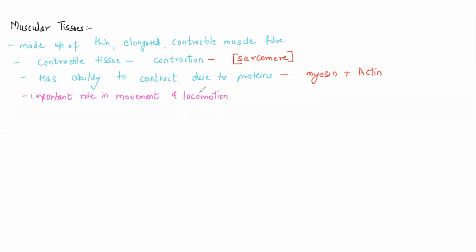This muscular tissue is innervated by nerve fibers. So we can say that muscle fibers are innervated by the nerve fibers. There are lots of nerve fibers present in the muscles.